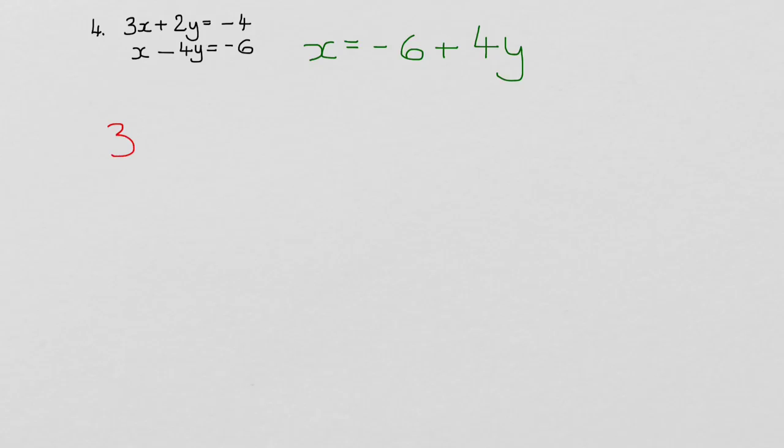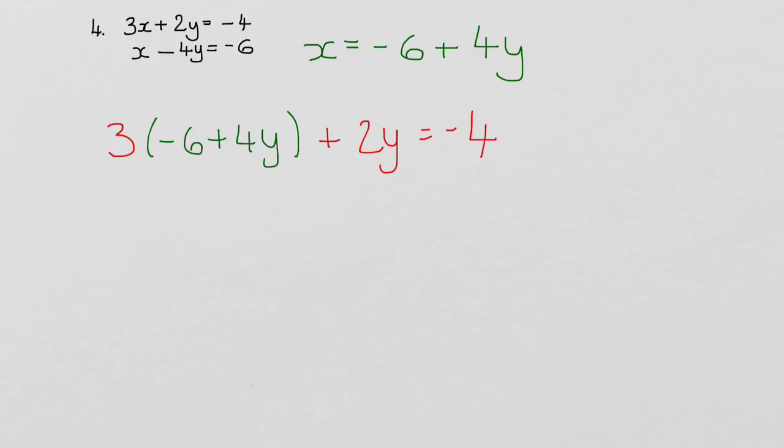So 3, and instead of x, I'm going to write minus 6 plus 4y. Then plus 2y, which equals minus 4. Multiply out the brackets, solve for y. Then once you have a value for y, you can substitute that back into this equation for x.